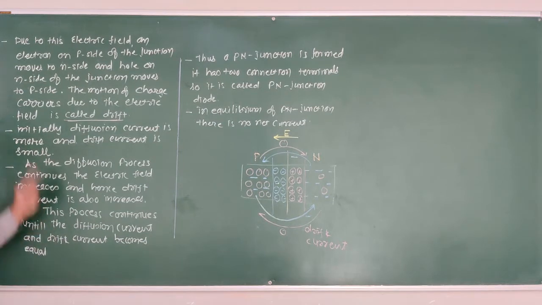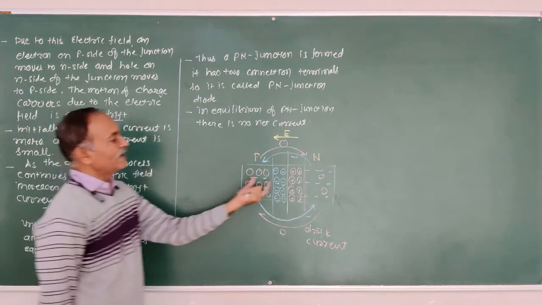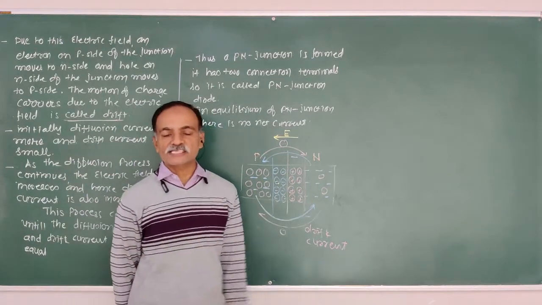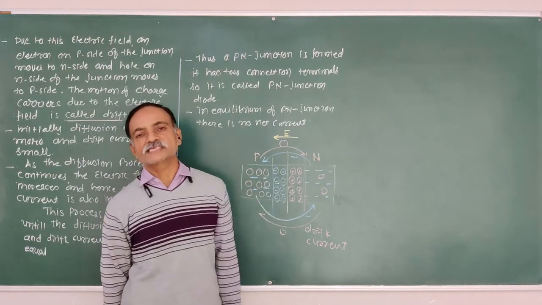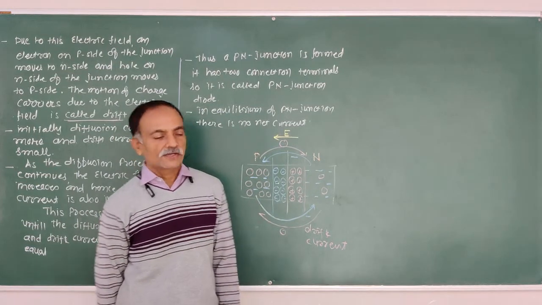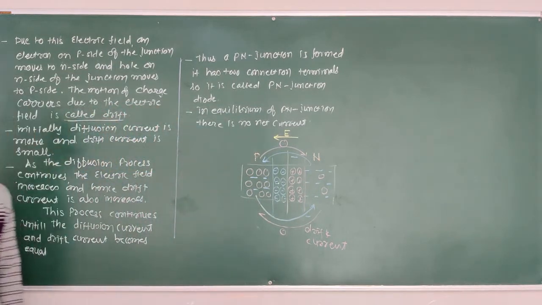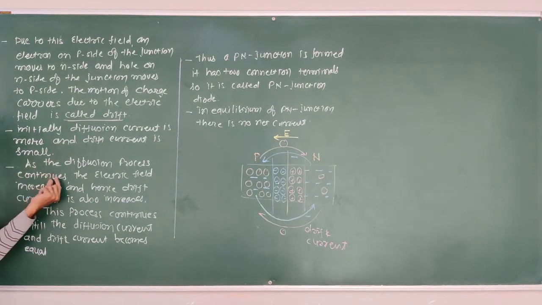Right? Initially, the diffusion current is more and the drift current is less. Because initially the diffusion process has just started, at that time the deposition of charges takes place, therefore the electric field induced is almost zero. Therefore, drift is also zero. As the diffusion process continues, the electric field increases, and hence the drift current also increases.